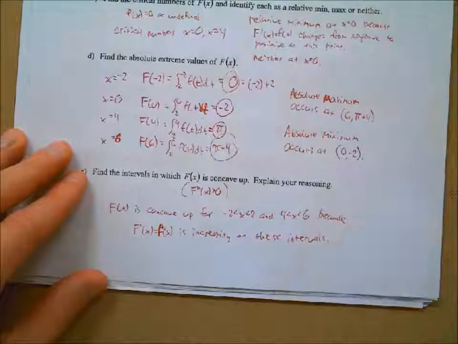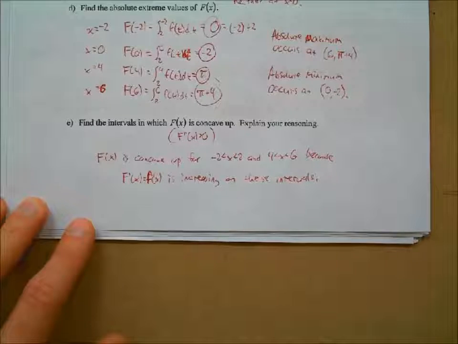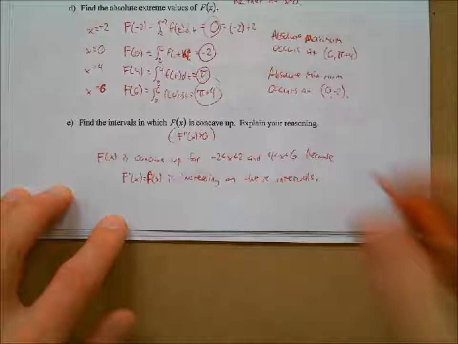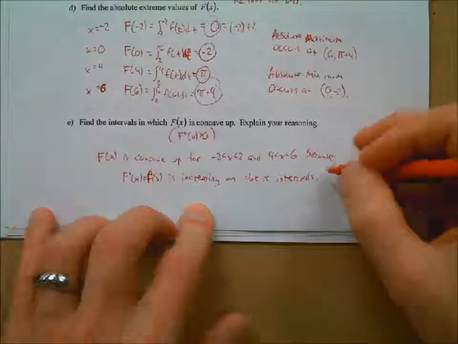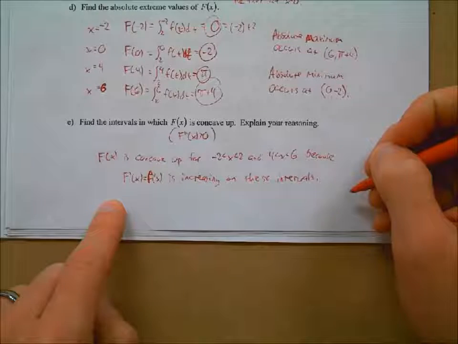Yes. All right, so I'm going to finish this off here because we could stop here. I'm pretty sure that's sufficient, but I'm going to add on this last step. We said capital F is concave up for these two intervals because capital F prime equals f of x is increasing on these intervals.